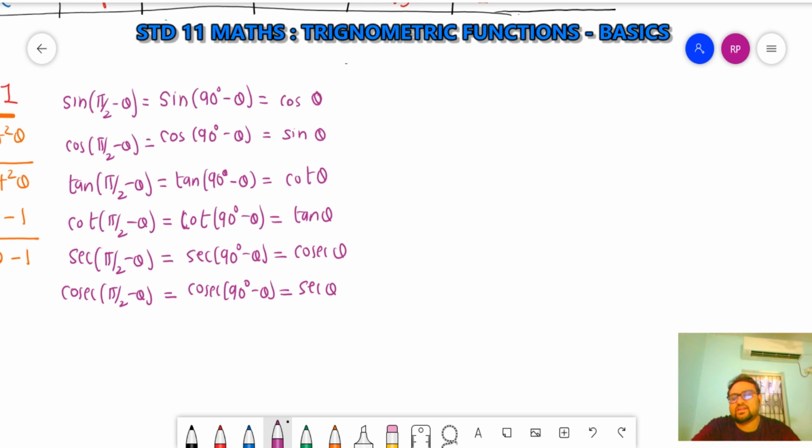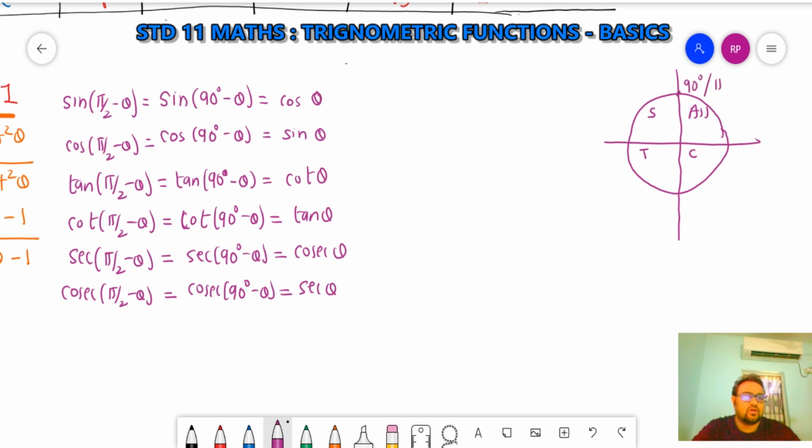Clear? So you just note this down. Now see, everywhere when it is 90 minus theta, it converts to the complementary function. But what will be your answer if you take 90 plus theta? If I take a unit circle, we studied the unit circle in our last video lecture, all S T C. This was 90 degree or pi by 2, and this is 180 degree or pi.